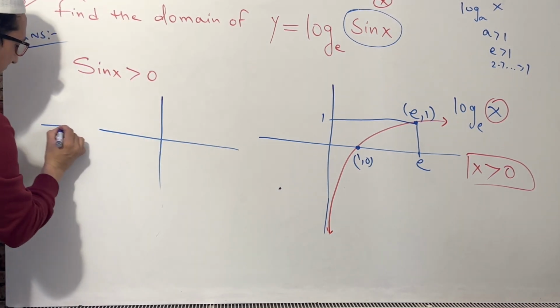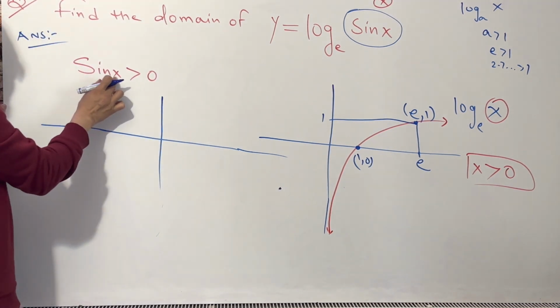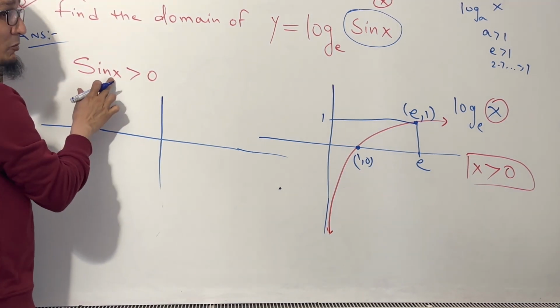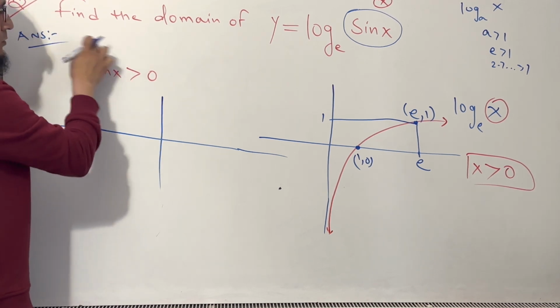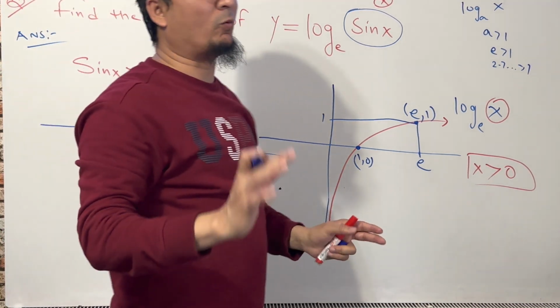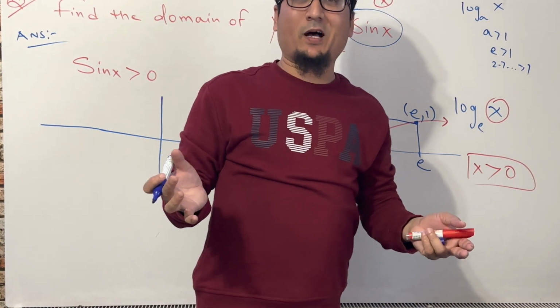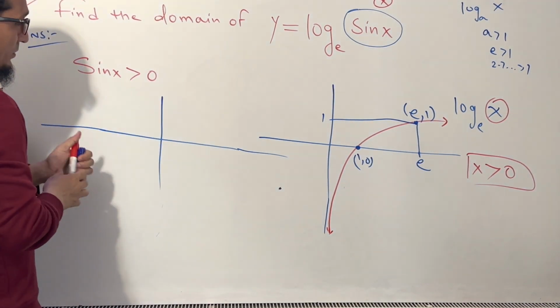I want to check what values of x I plug in here, because the domain is real, so that sin x is always greater than 0. I don't want all the values of sin x, I want where sin x is positive. So I'm going to draw a rough graph here.